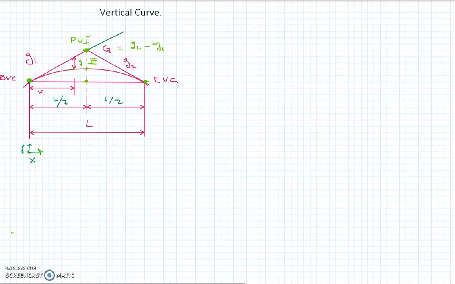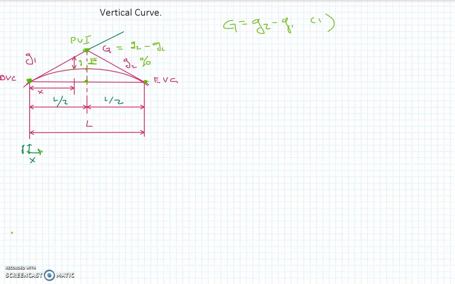So the first formula that you need to know is the difference in slope, and that's called G. G is equal to G2 minus G1. So this will be my first equation, which is the difference in slope between G1 and G2, and usually they give it to you as a percent.